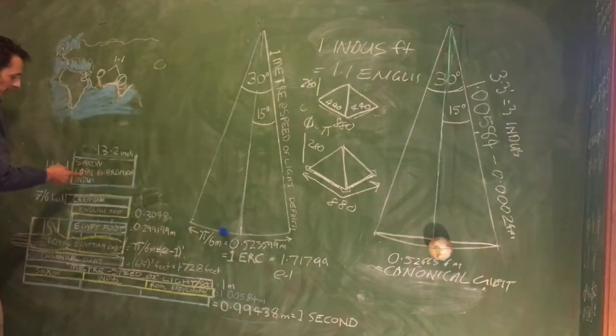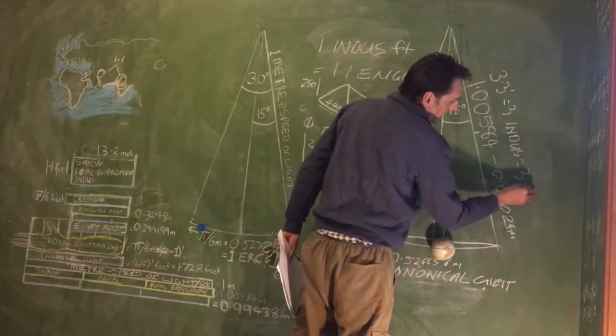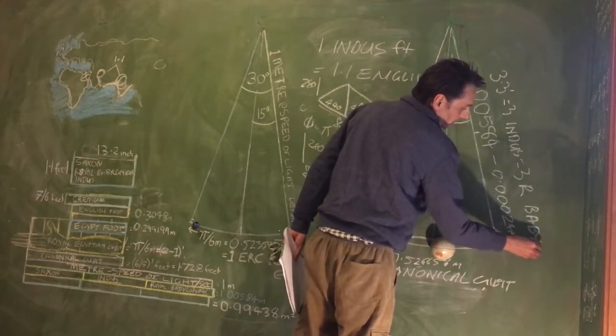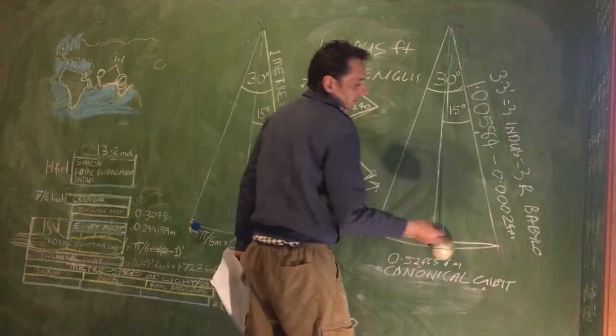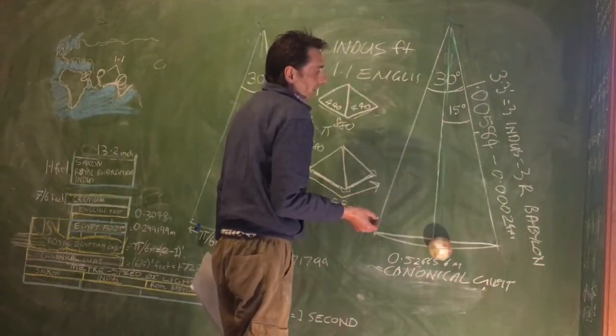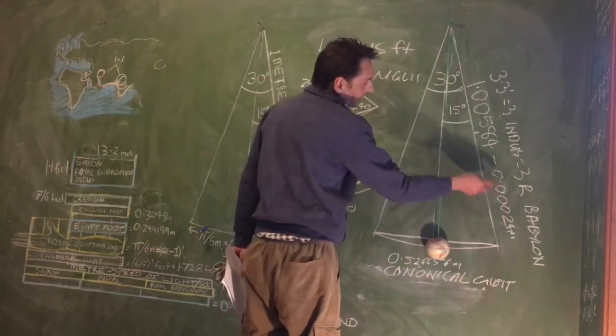One Royal Babylonian foot is 1.1 English feet, so therefore this is also 3 Royal Babylonian feet long, and 1.5 feet equals a cubit, so that's 3 Royal Babylonian feet.